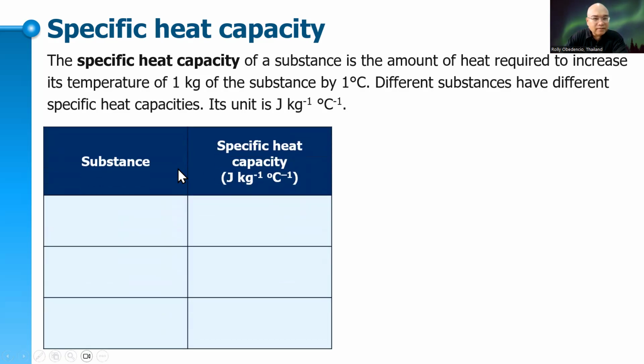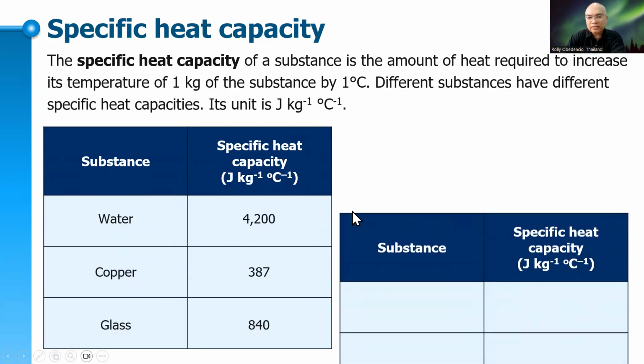Look at the substance specific heat capacity. For water, it is 4,200. For copper, it is 387. For glass, it's 840 joules per kilogram per degree Celsius.